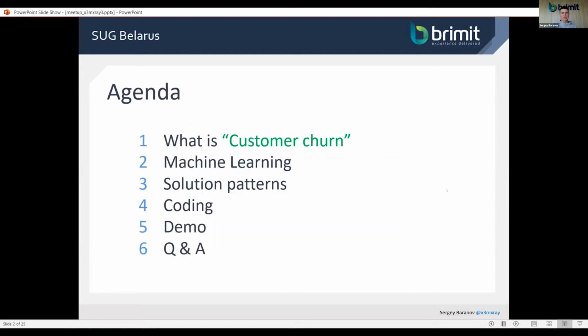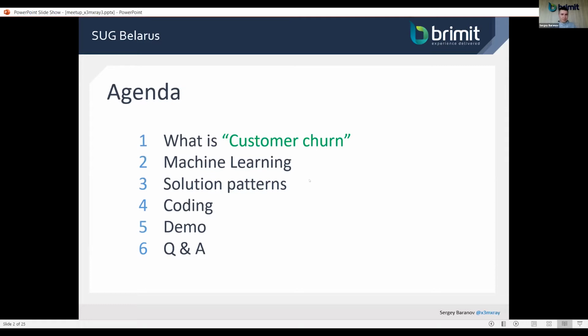This is my agenda. First of all, we need to know what customer churn is in general, what it means, and why we need to talk about it. Then we take a small introduction to machine learning, just for a better understanding of the processes.